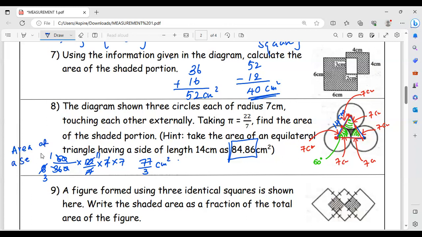Then the area of 3 such sectors equals 77. Then you have to subtract the area of the equilateral triangle from the area of the 3 sectors. 84.86 minus 77 gives 7.86 square centimeters. Okay, did you get that answer?